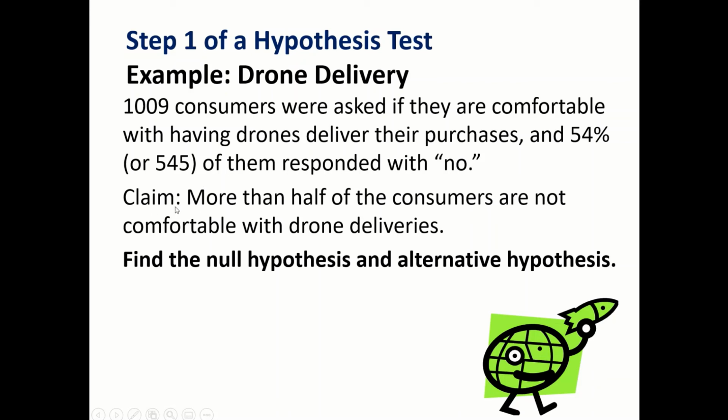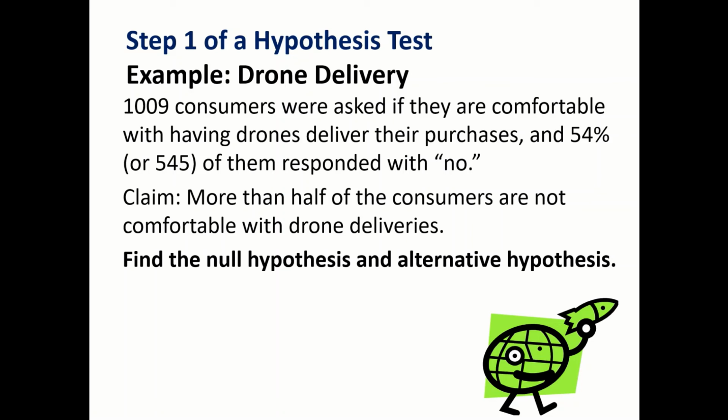More than half of the consumers are not comfortable with drone deliveries. So first we want to write the null hypothesis and the alternative hypothesis. What do we look at? We just look at the claim.